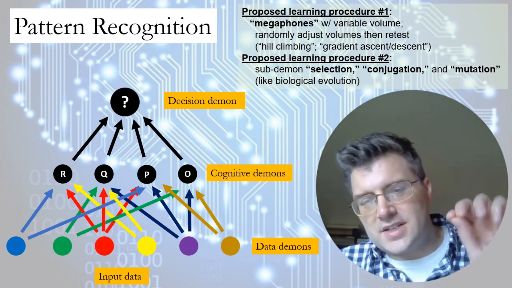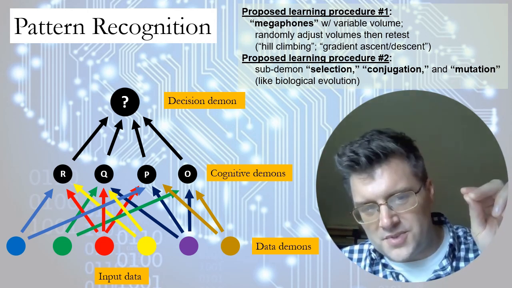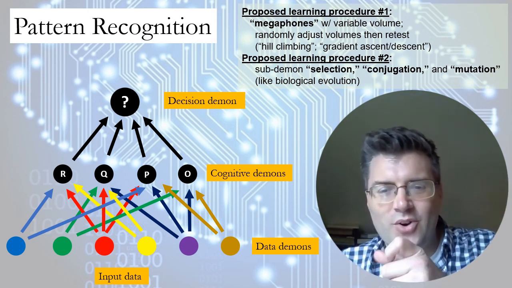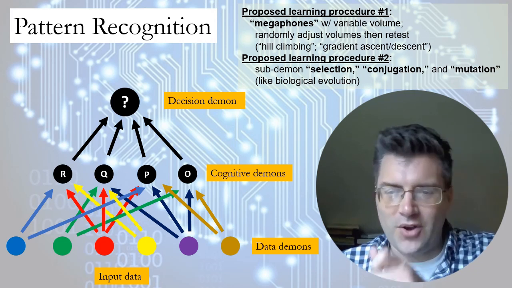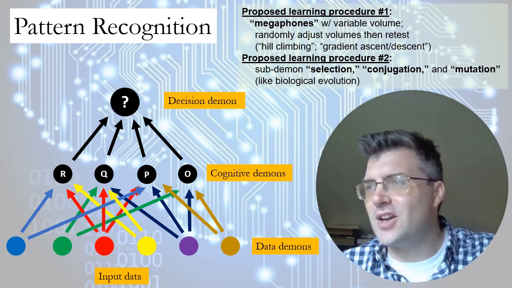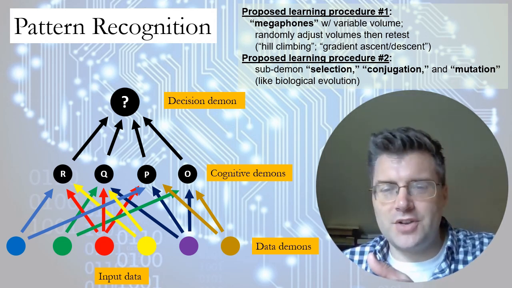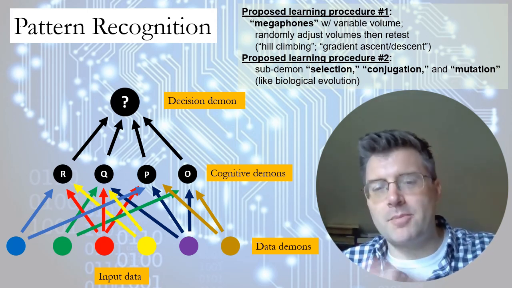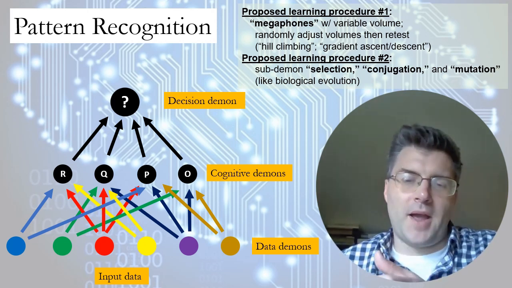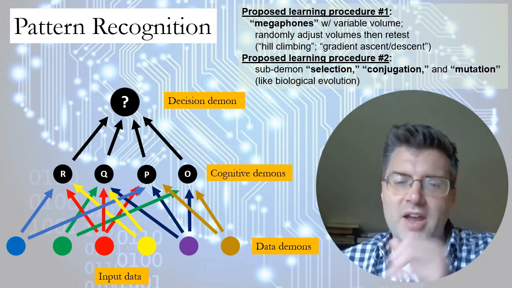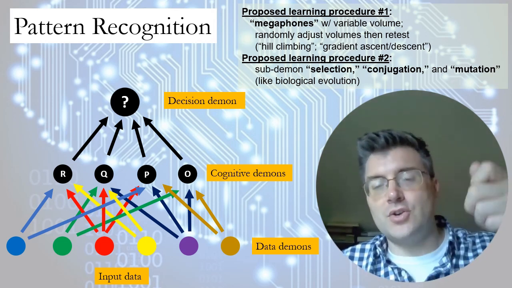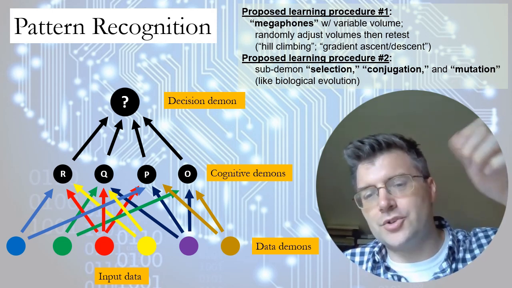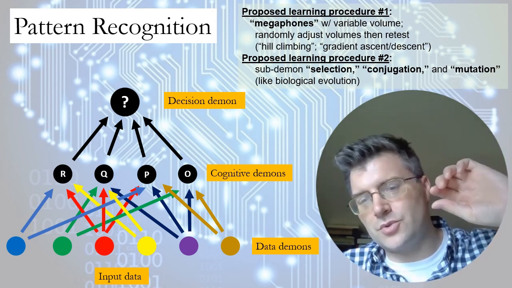And so this idea of adjustable volumes, Selfridge described as megaphones. So, I don't know if you've ever seen a megaphone, but it's a little technology often used by police if they need to call out to a crowd, or by protesters at protests. And you can speak into the megaphone, it will amplify your voice, and you can adjust the volume. So you can make your voice very loud or just a little bit louder than it usually is.